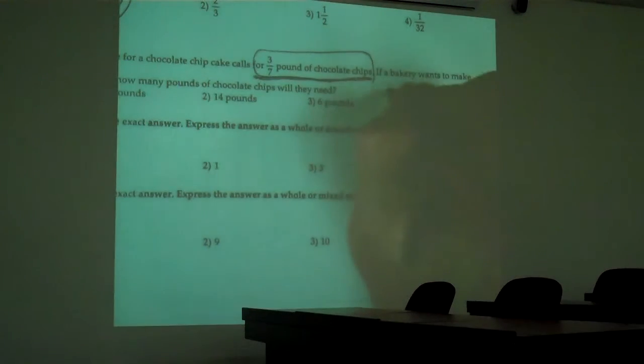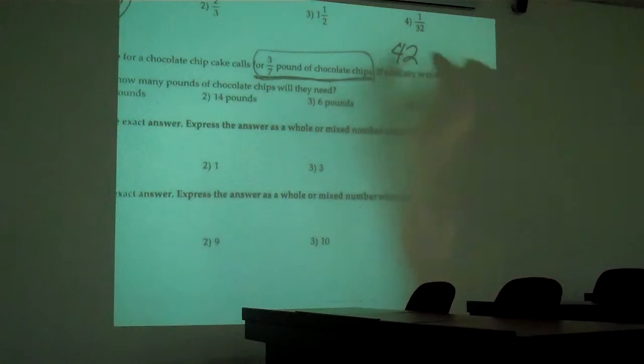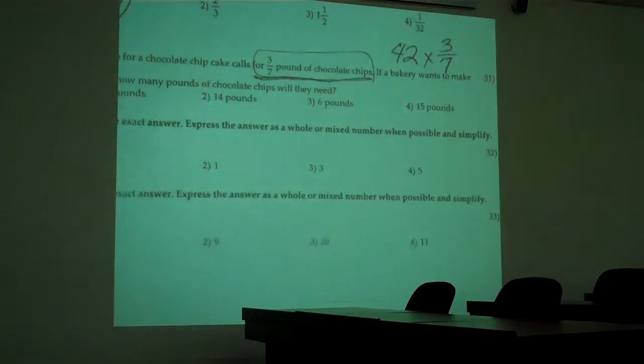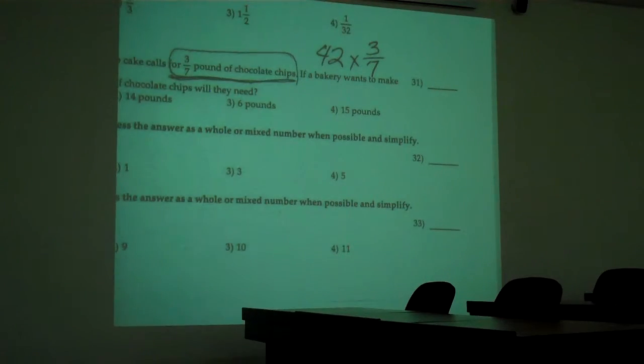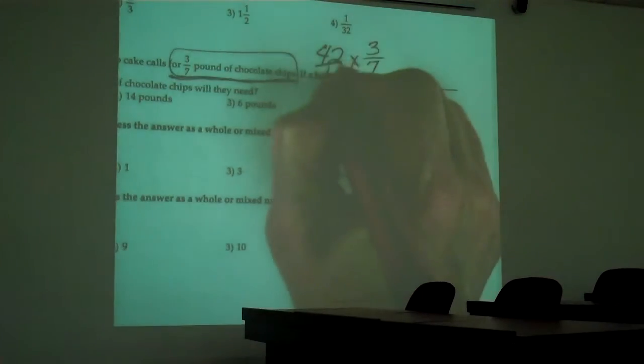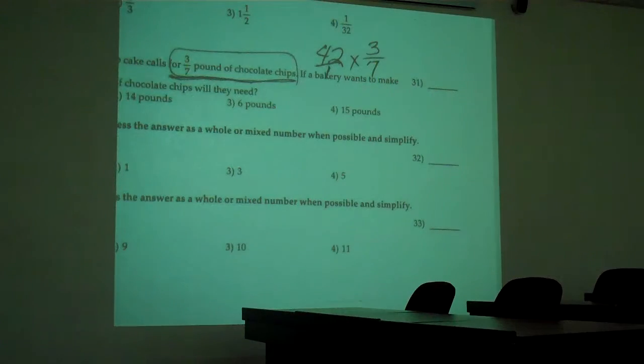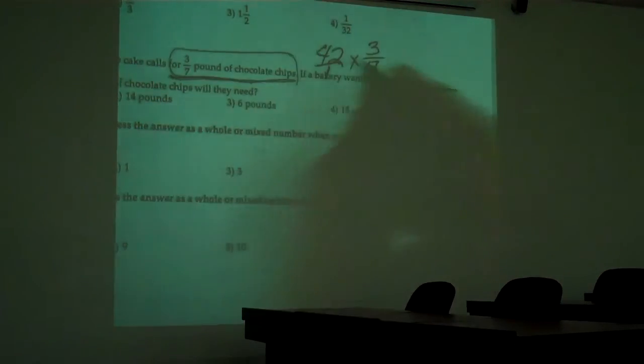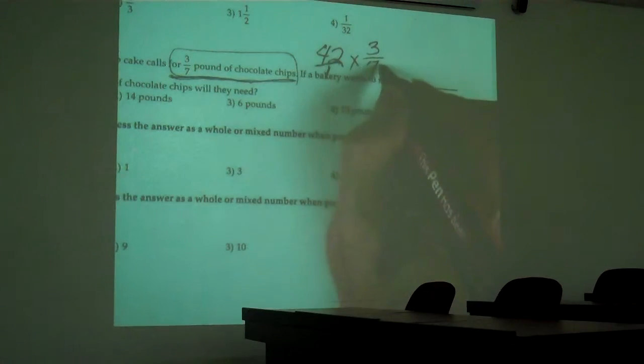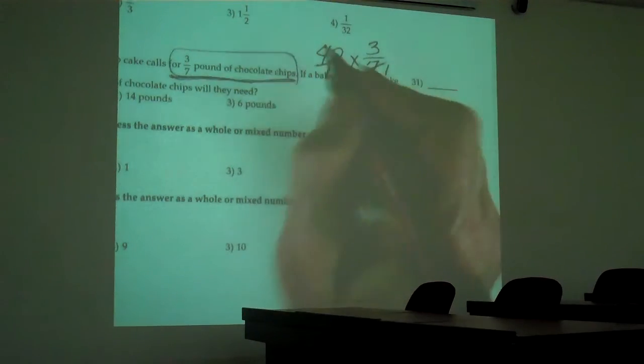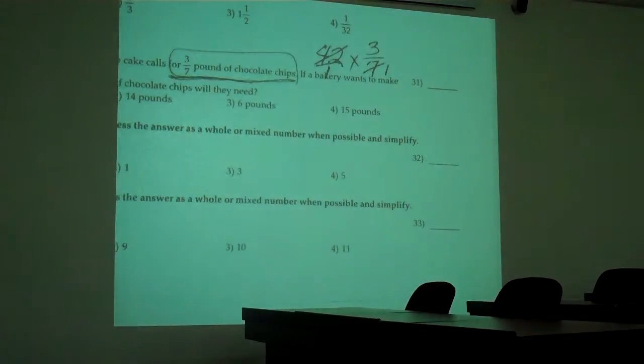So we have 42 cakes, and each one is using 3/7 of a pound. So times 3/7. We can divide the 42 and 7. 7 goes 1 time, 42 is 6 times 7.